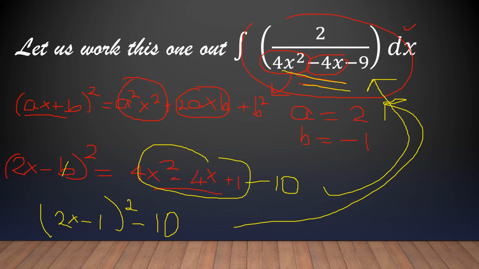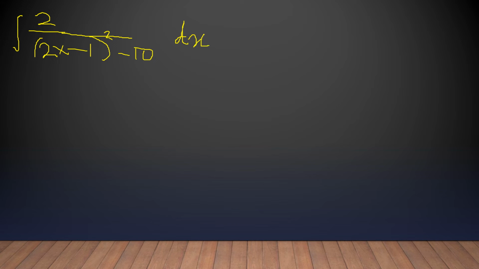So we can write our integral now as the integral of 2 over (2x minus 1) squared minus 10, dx.